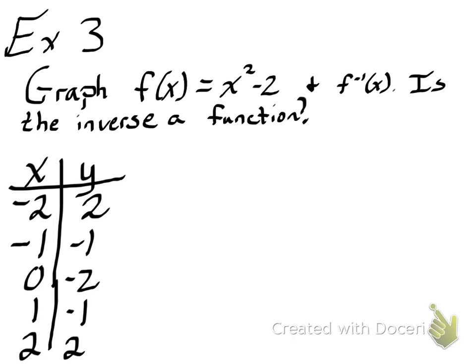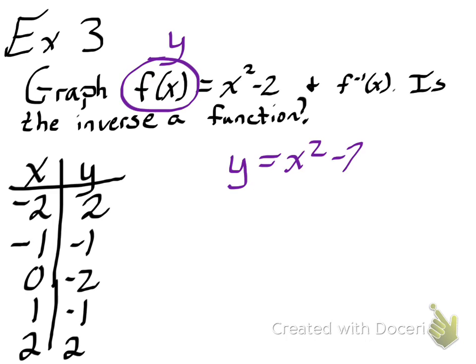Or I can figure out what f to the -1 of x is. Basically, I can find the inverse. So let's practice finding the inverse. I'm going to go ahead and do that here in purple. So, like I said, I like to rewrite this as y, so I'm just going to do that from the get-go. y equals x squared minus 2.